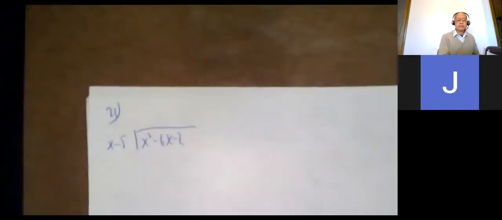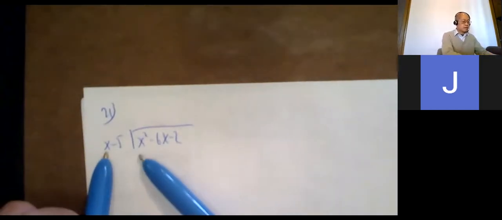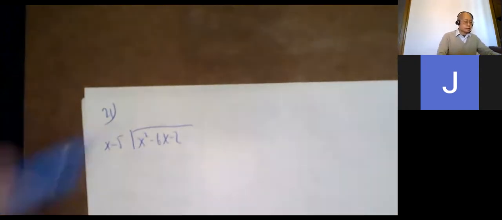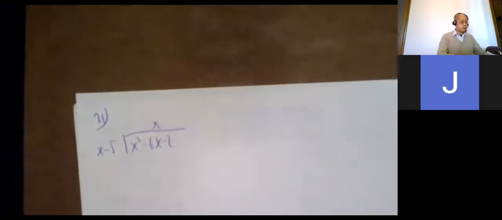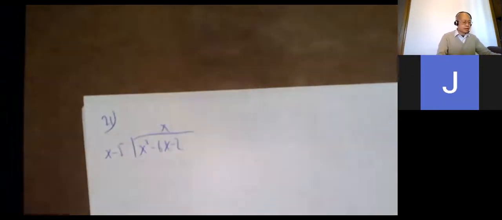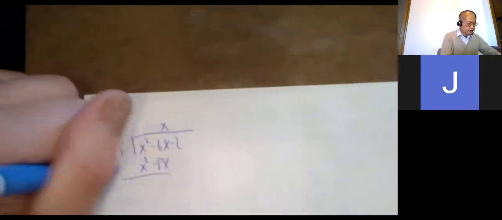Let's do it like we're used to. What do you multiply x by to get x squared? X. Now take x times this whole thing. X times x, x squared. X times negative 5, negative 5x.